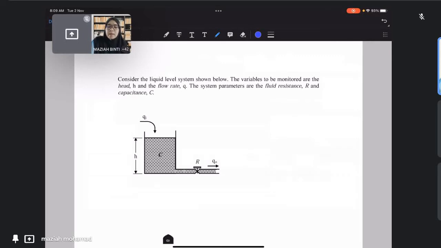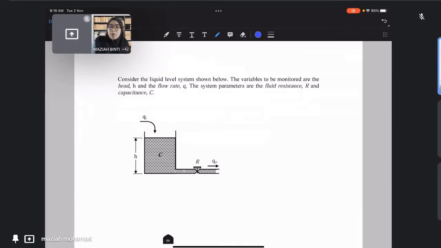H is the hydrostatic head, or water level, or liquid level, C is the capacitance, and R is the fluid resistance. So we can write the equations for this system based on the equations that we have discussed just now.